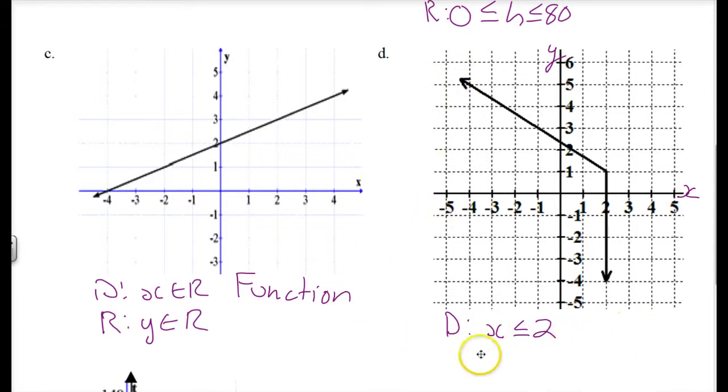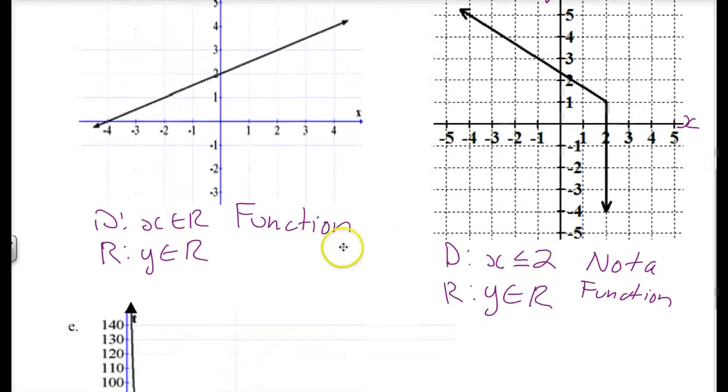And x belongs to the reals, which we don't say. And the range: this goes down forever and this goes up forever, so y belongs to the reals. Not a function, since we have this vertical line. This is a vertical line, so of course it would fail the vertical line test.